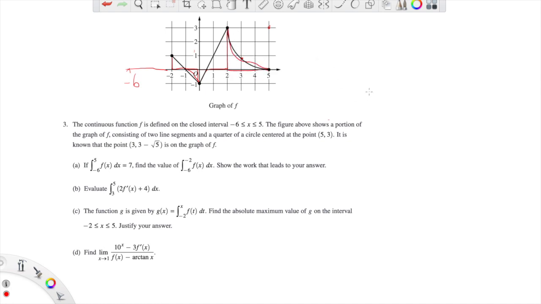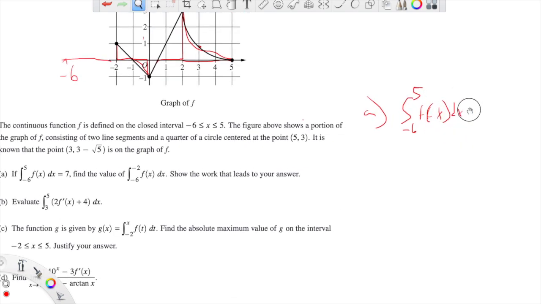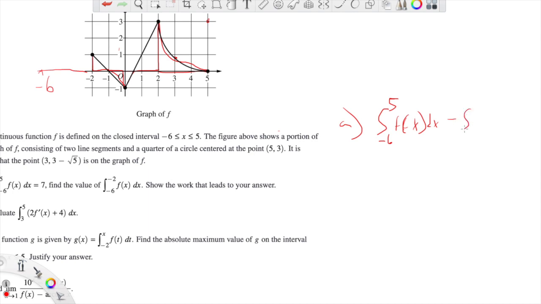And so just to write out the work, we'll say, it's going to be the integral of -6 to -2 of f of x dx equals the integral of -6 to 5 of f of x dx, minus the integral of -2 to 5 of f of x dx, is going to be our answer, right?